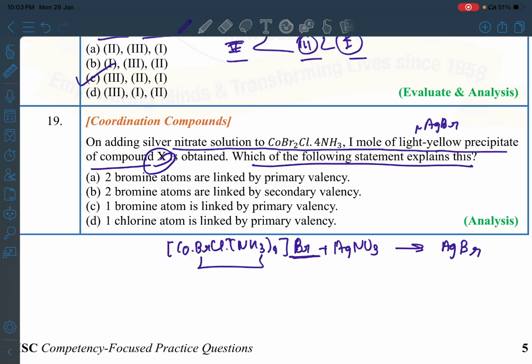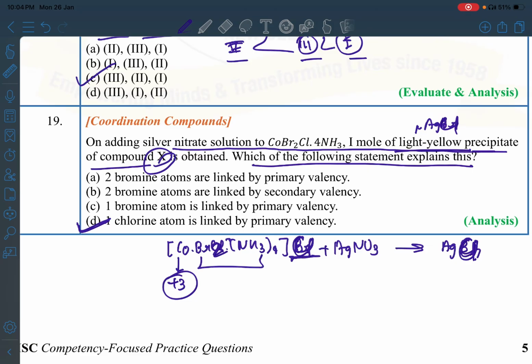Primary valency of cobalt here is plus 3. Sorry, light yellow precipitate is AgCl. So we have to remove Cl outside and Br inside. So this becomes AgCl, and this primary valency is satisfied by one chlorine atom linked by primary valency.